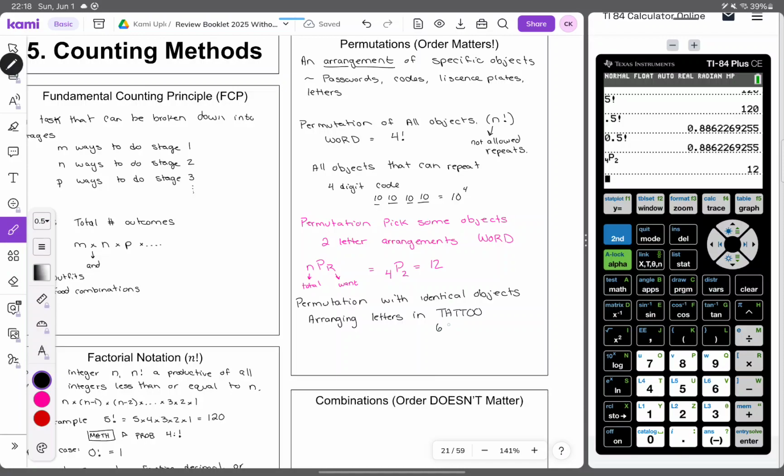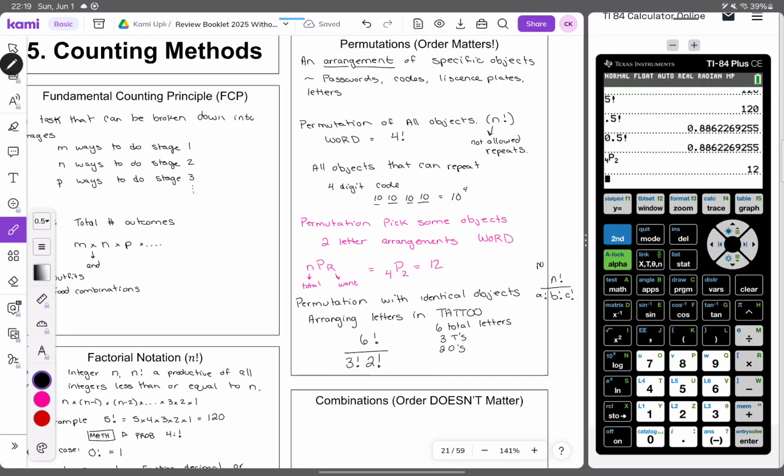I have 6 total letters: 3 T's and 2 O's. So to do this permutation, we'd say 6 factorial over 3 factorial times 2 factorial, because changing those T's around, I'm not going to be able to tell that I changed them around. So permutation with identical objects, you always go your total, then you divide by however many repeated things there are.